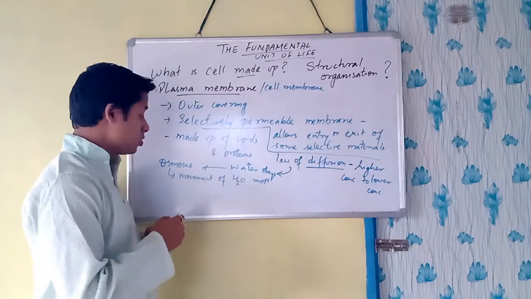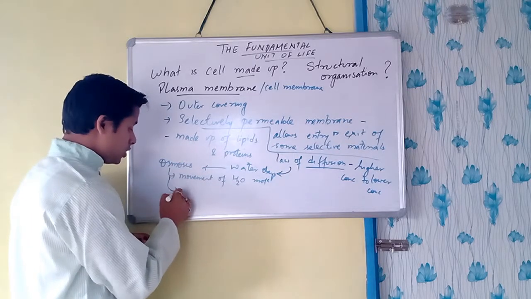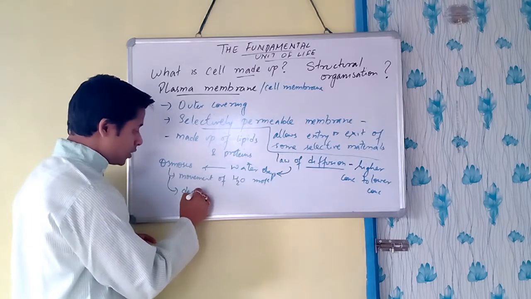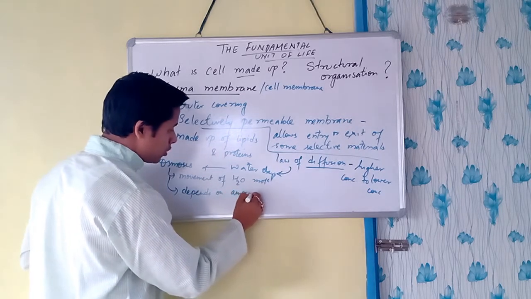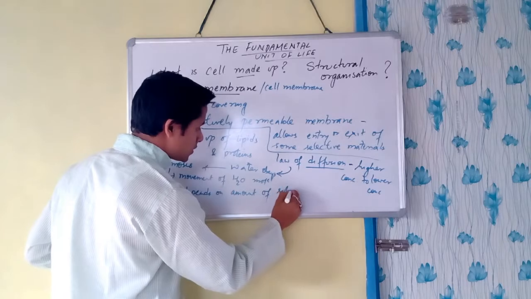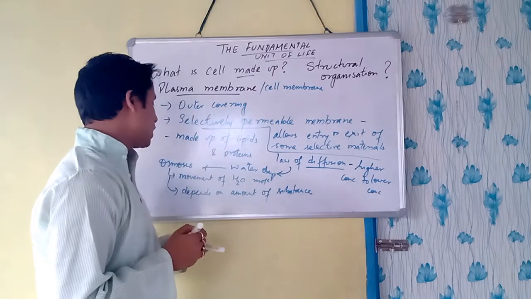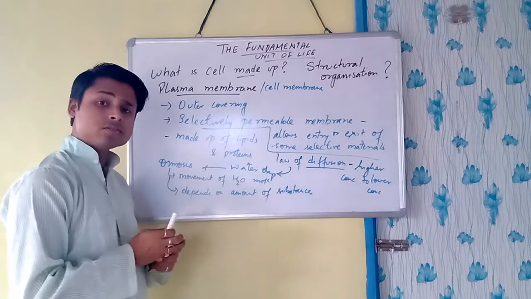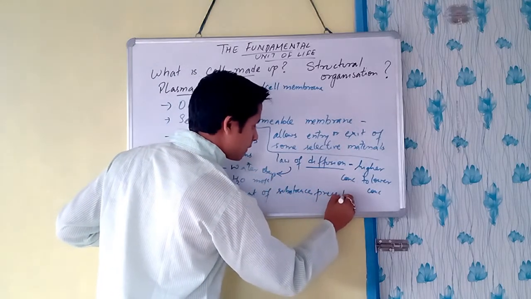Or else we can also say that this movement of water molecules depends on the amount of substances. For example, osmosis depends on the amount of substances present in water.